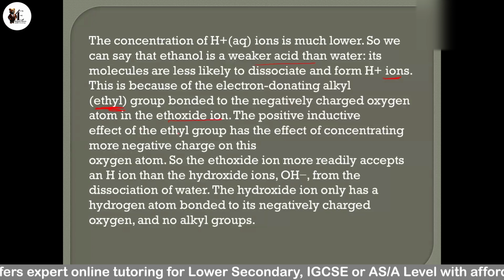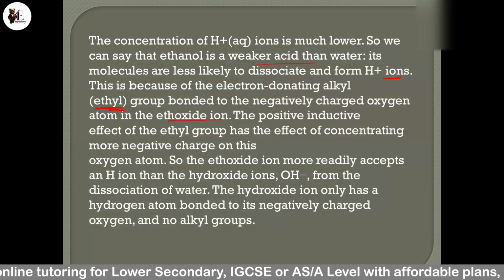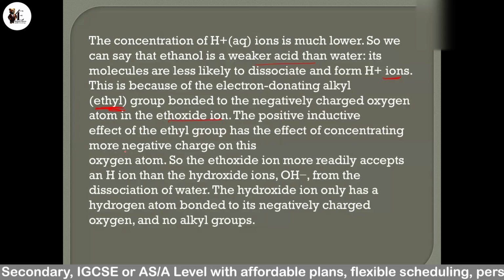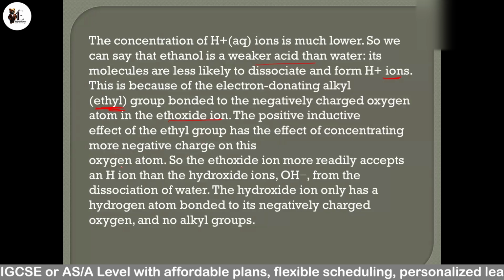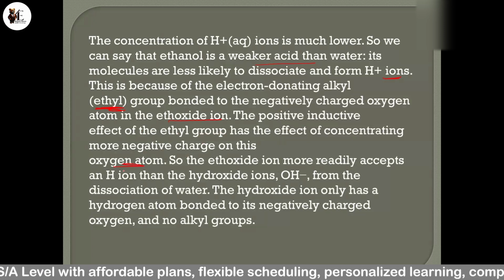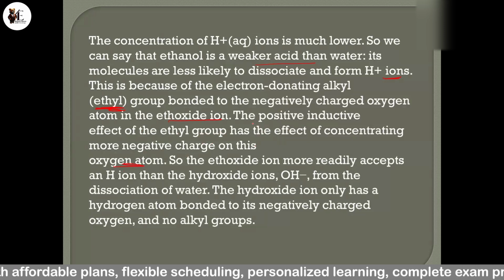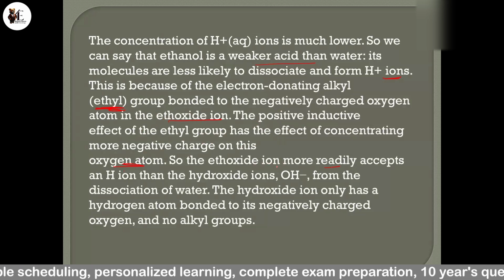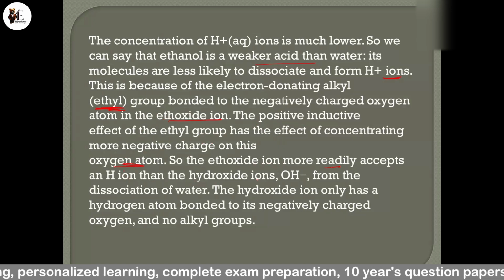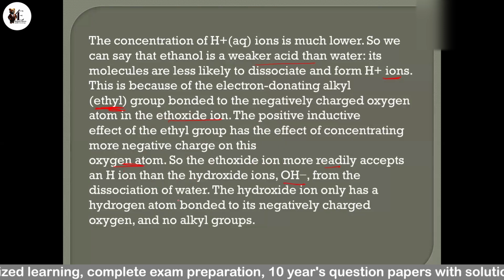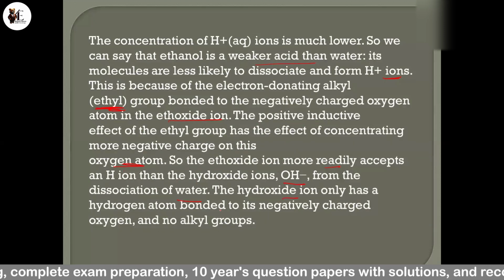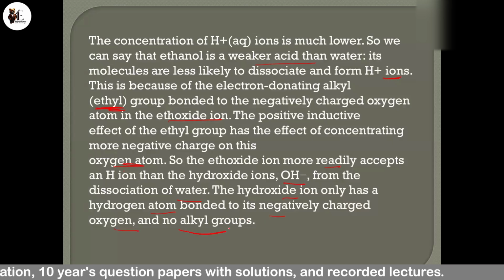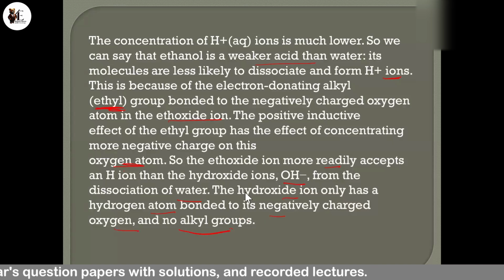The positive inductive effect of the ethyl group donates electrons to the O- ion, concentrating more negative charge on an oxygen atom that is already negative. So the ethoxide ion more readily accepts a hydrogen ion than the hydroxide ion from the dissociation of water. The hydroxide ion only has a hydrogen atom bonded to its negatively charged oxygen and no alkyl group. I'll explain this more clearly.